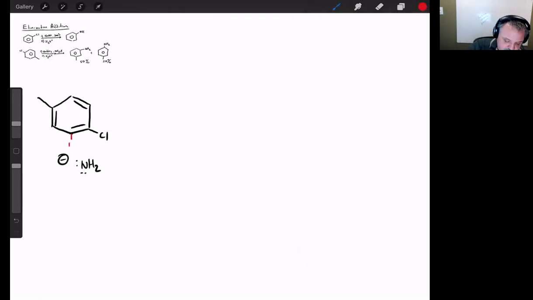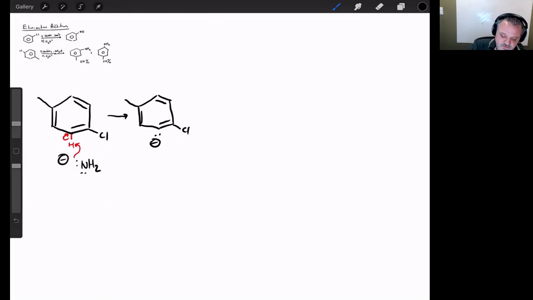What happens is it starts with proton transfer to form an intermediate anion, but it doesn't do anything to the aromaticity in the ring.